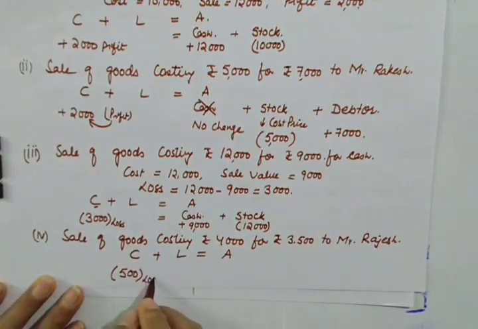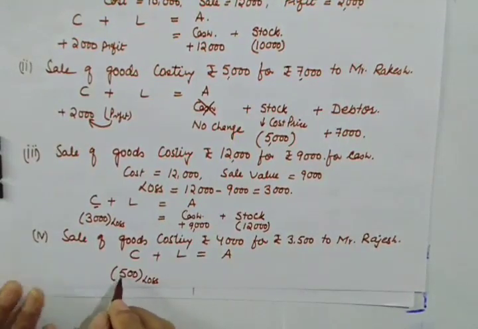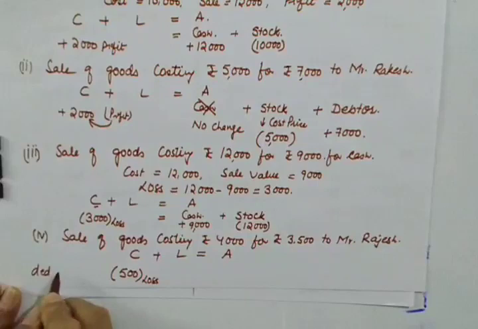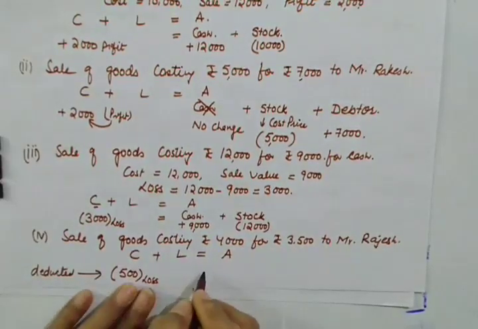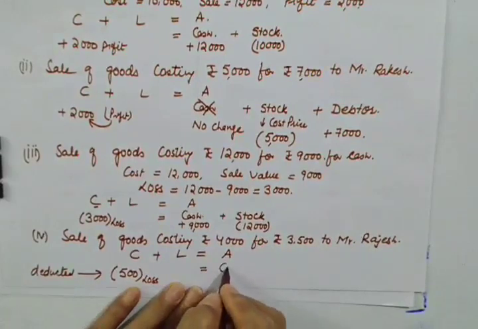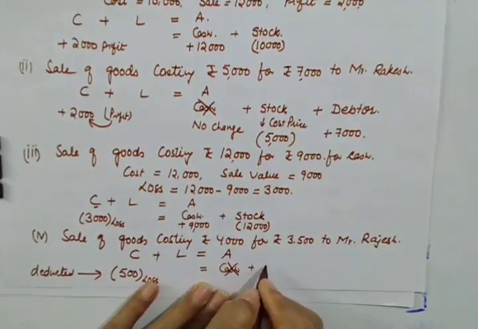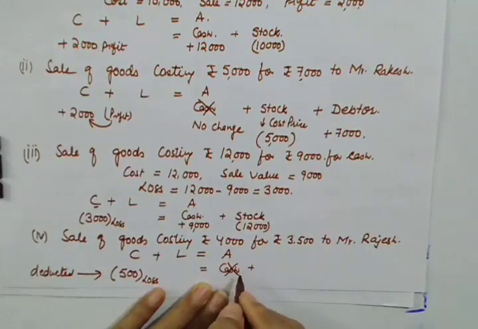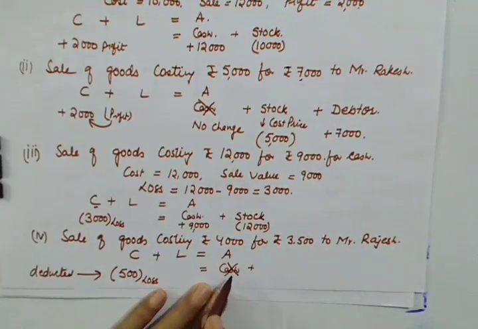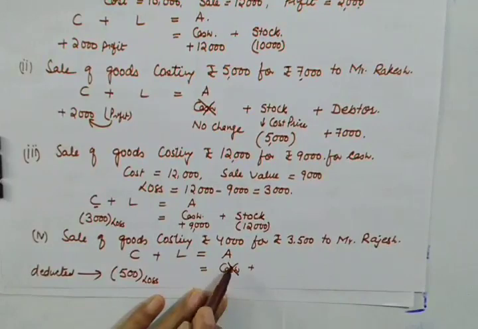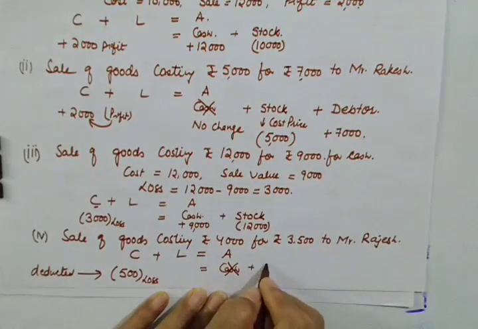Bracket means deducting. No change in cash. I am just striking it off for the sake of explanation, but otherwise don't put this mark when you are actually doing numericals.